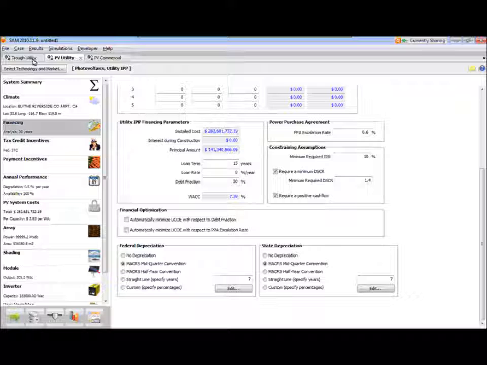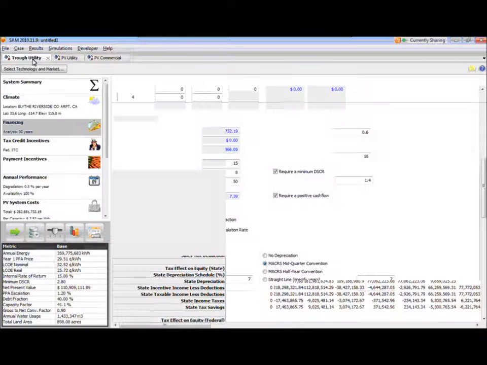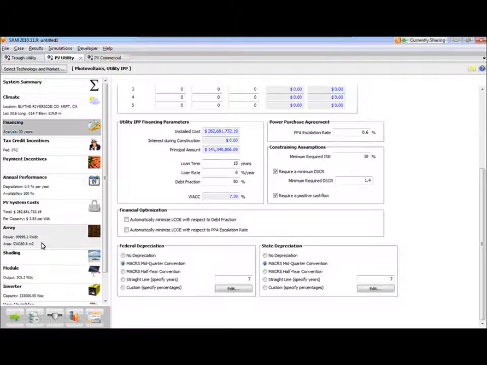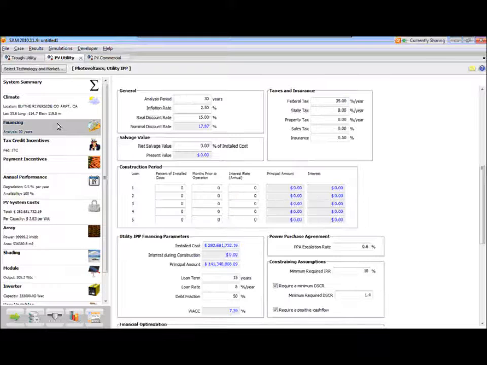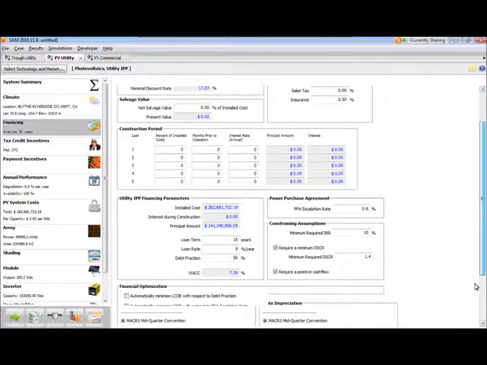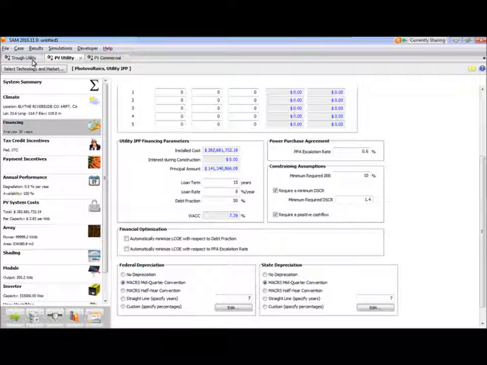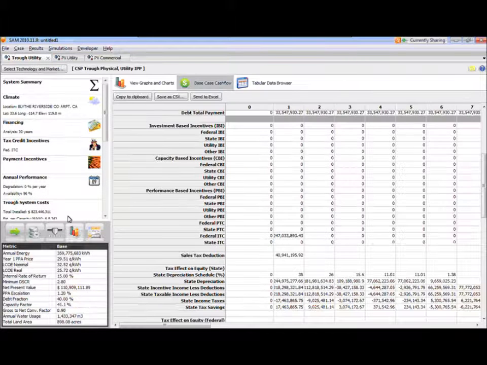So if you were going to continue along with this comparison, you'd want to make sure that your financing assumptions were either equivalent, if you thought you could get the same financing for the two projects, or that they were appropriate for the financing that you expect to get for the projects. So the quick lesson there is to not take these results at face value.